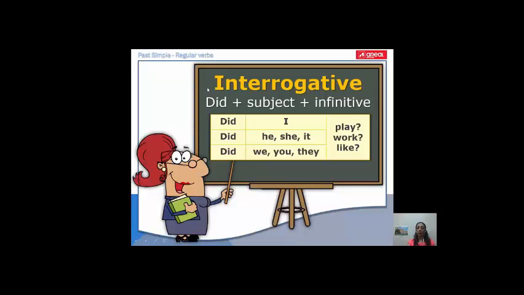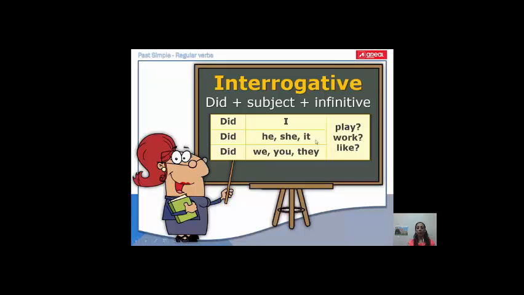Okay, to make a question or interrogative, we put did, the helping verb, at the beginning of the sentence, then put the subject or the pronoun, then the infinitive verb, and don't forget the question mark. So we say, did I play?